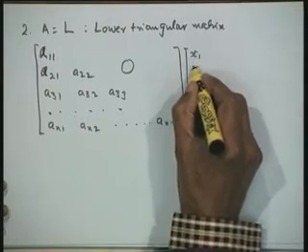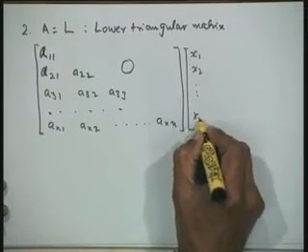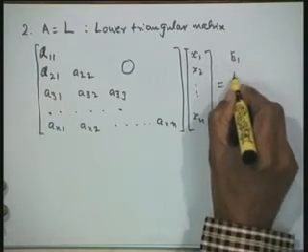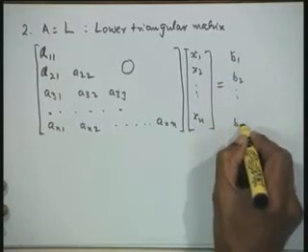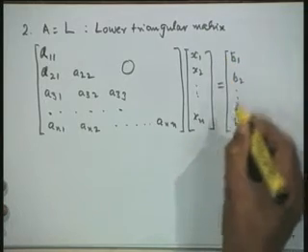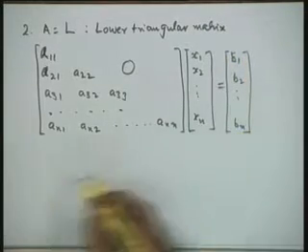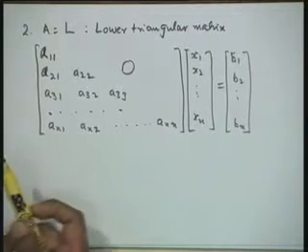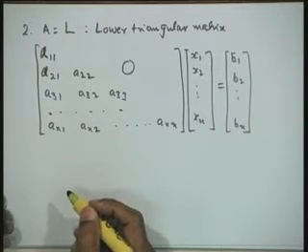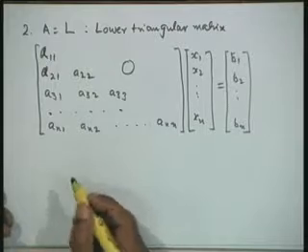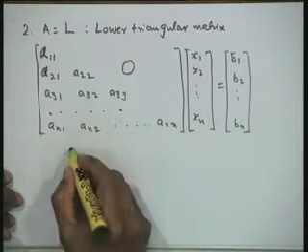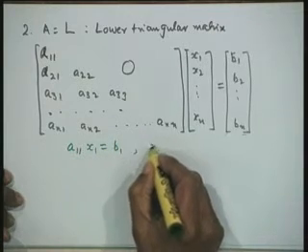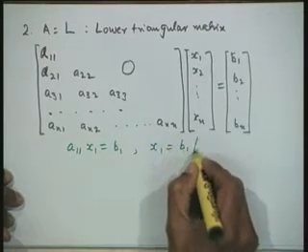We have the vector x1, x2, xn, and the right hand side vector b1, b2, bn. Now, we can see that we can solve the first equation as a11 x1 is equal to b1, that is x1 is equal to b1 upon a11.